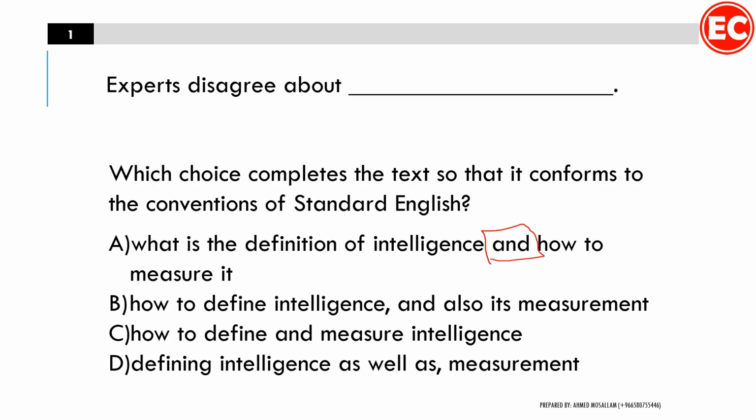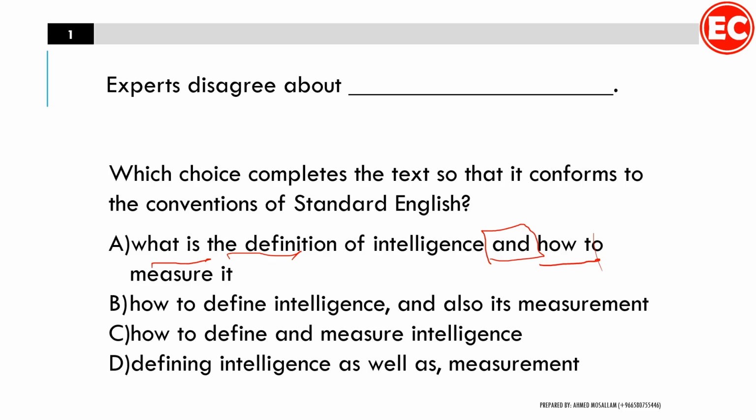So here we have "what is the definition." Okay, this is the first option. In the second option, you will find that it is not the same. So it says here "how to." Okay, how to, not what is the measurement of it, for example. So this one is cancelled.